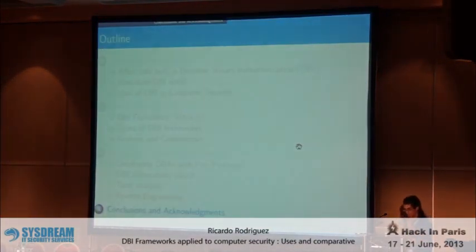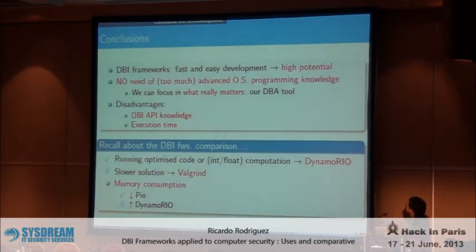Well, let me finish with the conclusions. DBI frameworks are very good. You can develop in a very fast and easy way a lot of tools with very high potential, so you can do everything you want.